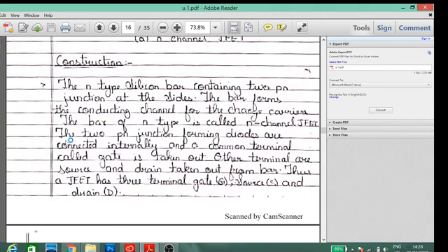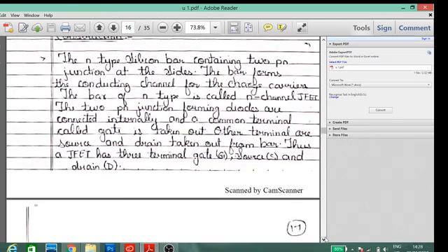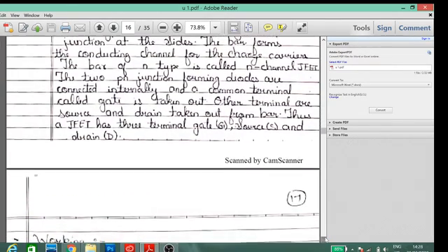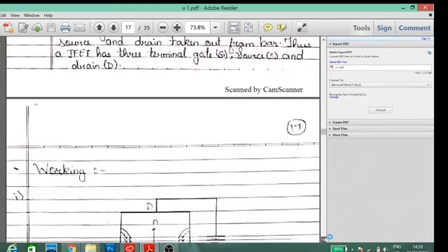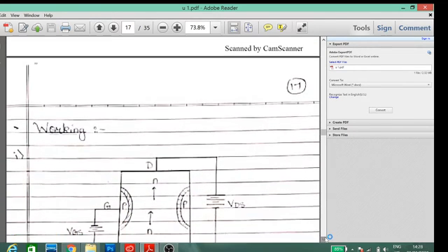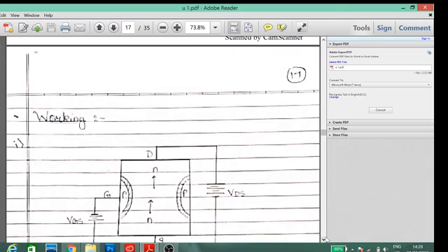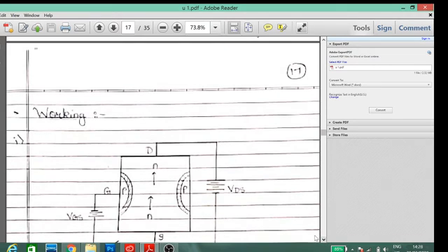So we get three terminals: gate, source and drain. Thus the JFET has three terminals: gate, source and drain. The fourth terminal is the substrate, which we do not use, and usually we keep it grounded or in air.